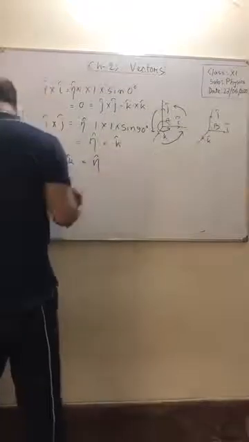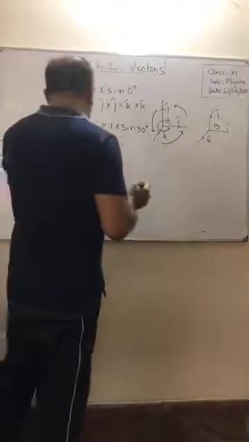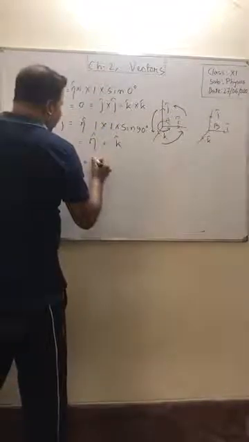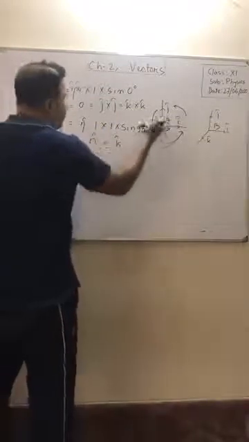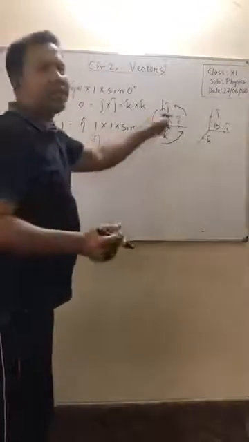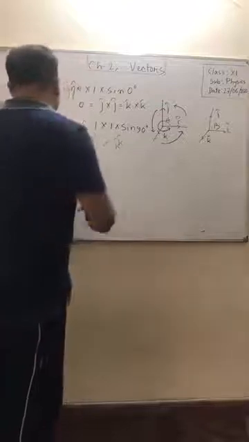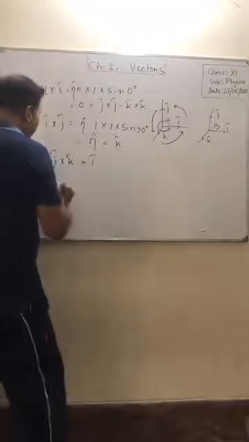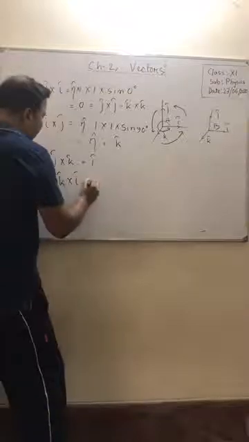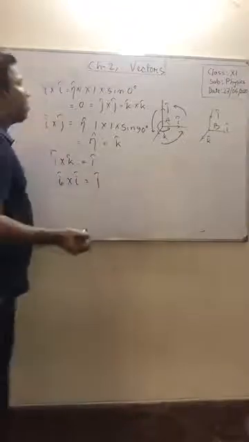So j to k means it comes to i. The unit vector i is lying perpendicularly in the j and k plane. So j cross k equals i, and k cross i equals j.